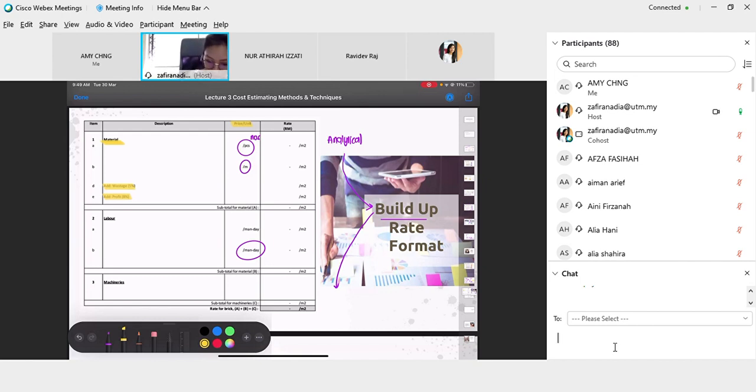And then labor. Here you can also include overhead, for example. Okay.